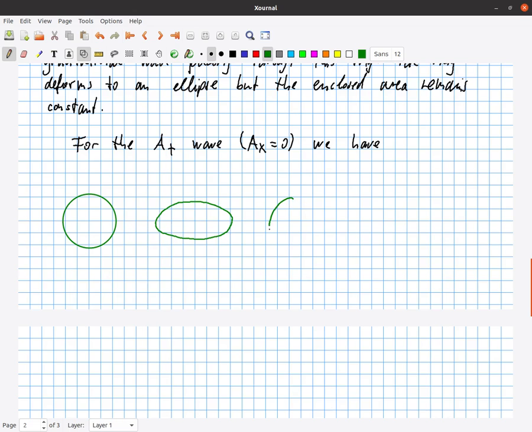An ellipse, a circle, and then another ellipse. Unfortunately, it doesn't want to recognize my ellipses. It's the best I can do. This would be the time t equals 0.